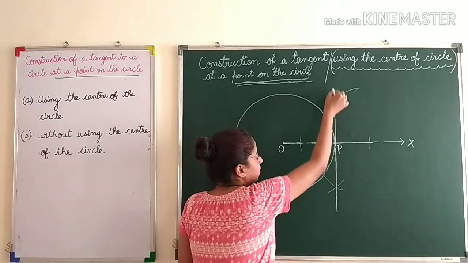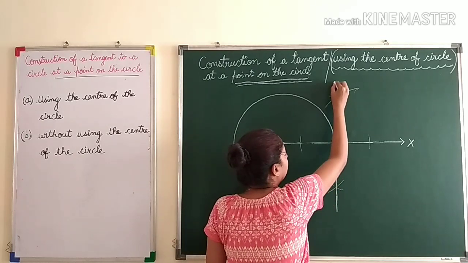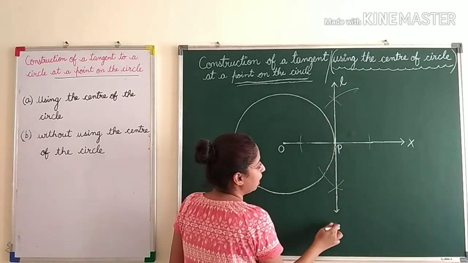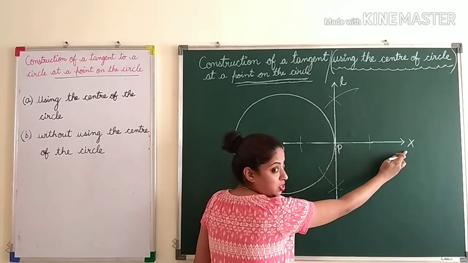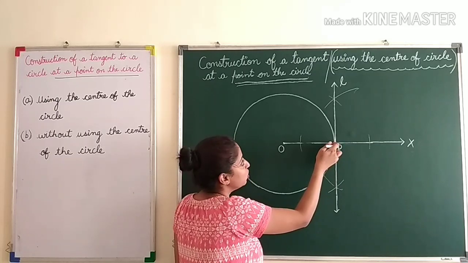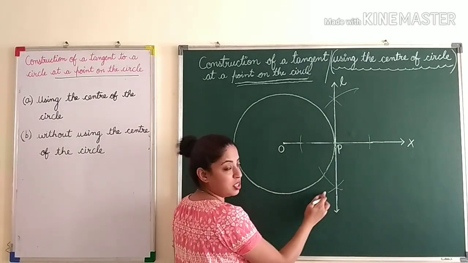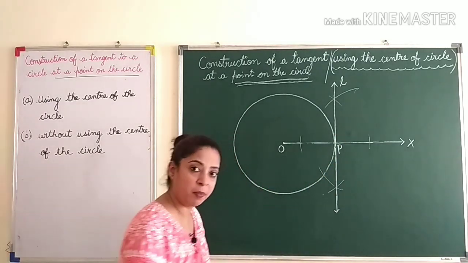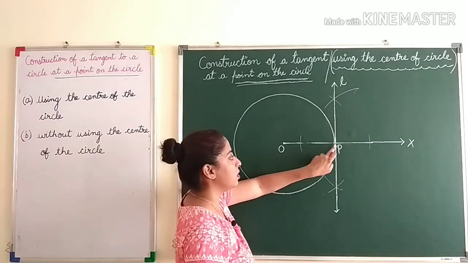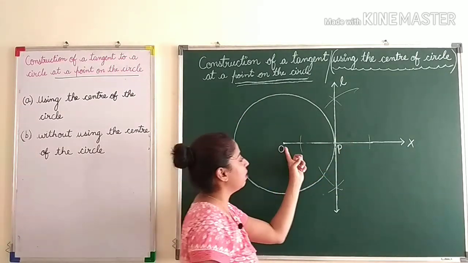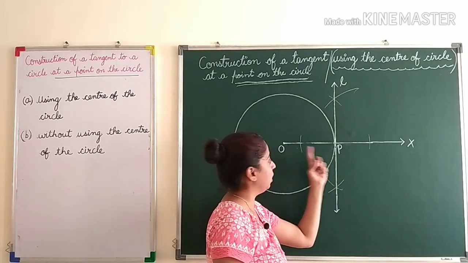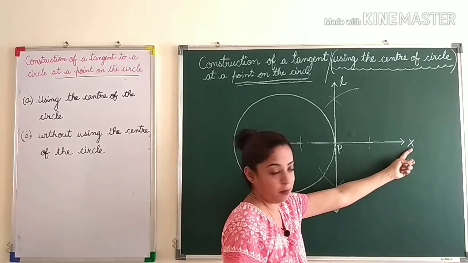So now since this line L is perpendicular to this ray and it is also passing through a single point P, this can be a tangent to this circle. I repeat what we did. First we drew the circle, then we selected any point P and then we drew a ray such that it passes through O and P. We named it as OX.